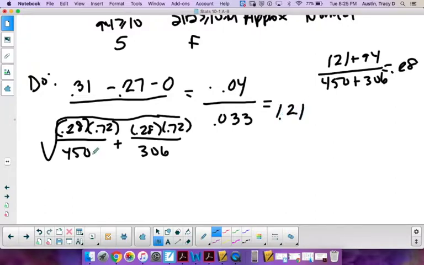All right, and remember that we're going to go look up the negative 1.21 for our z-score. Negative 1.21 is 0.1131 times 2.